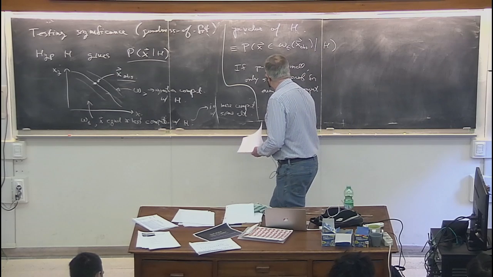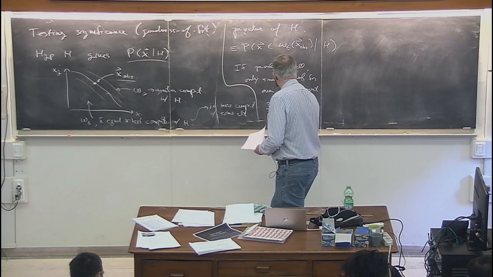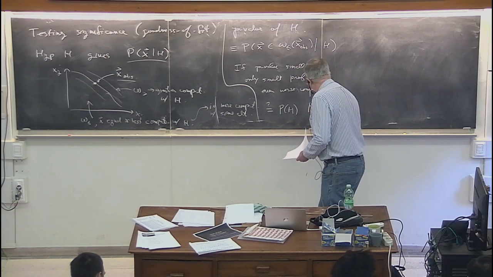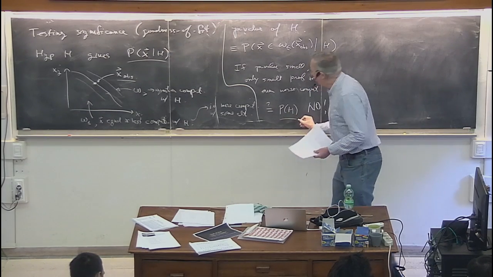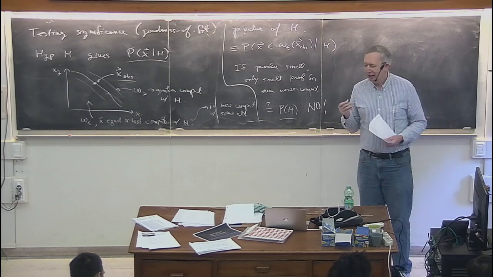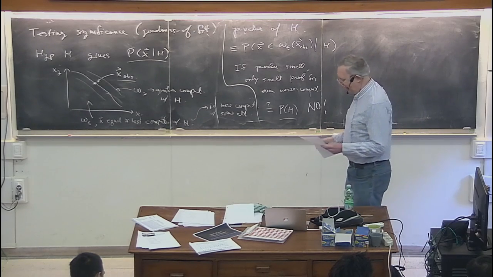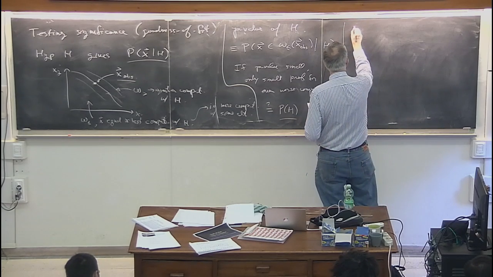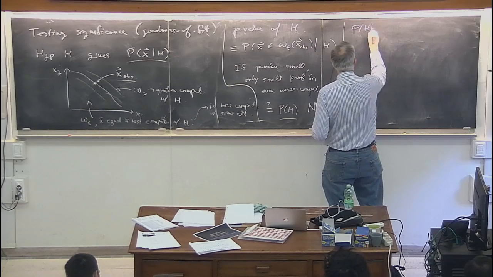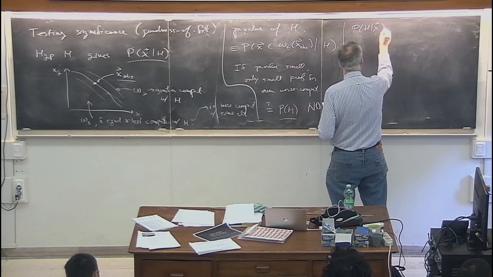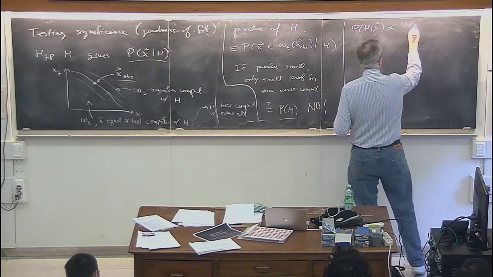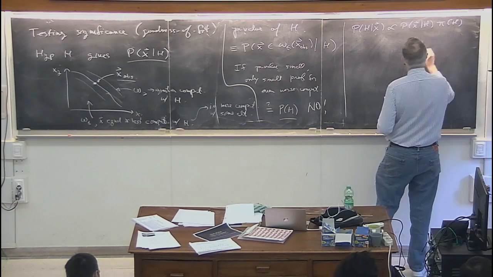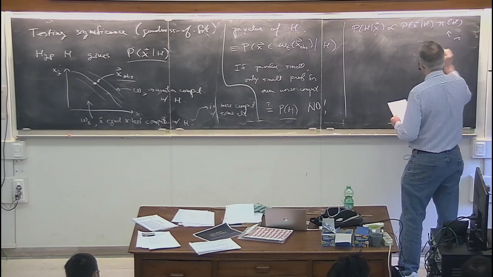Does that then mean that this is equal to the probability of the hypothesis? Obviously no. If I wanted the probability of the hypothesis, I would have to be Bayesian. I would have to use Bayes' theorem, and that would necessarily require a prior. So if you want the probability of the hypothesis, given that you observe this point x, you would have to say that that's proportional to the probability to observe x given H times some prior for H. But we don't have this in the game that we're playing.